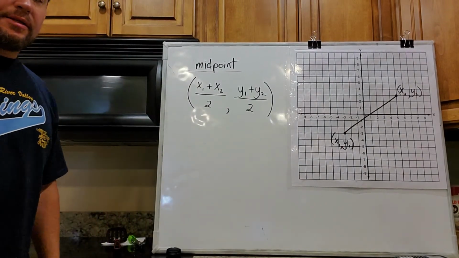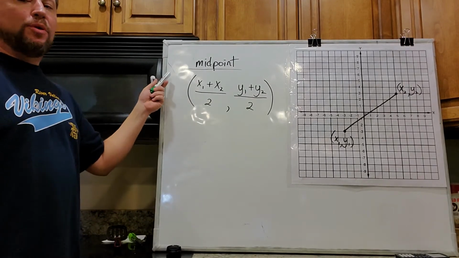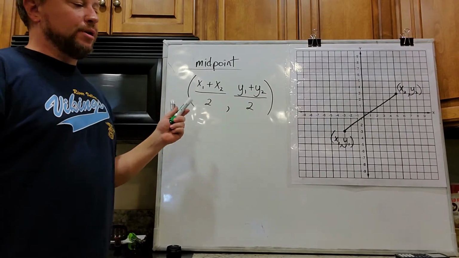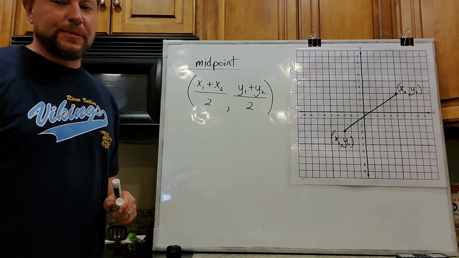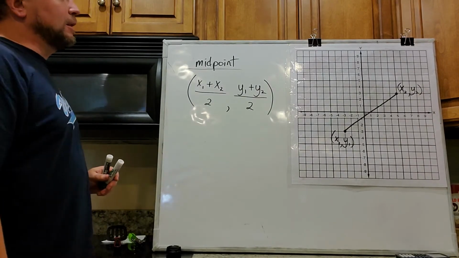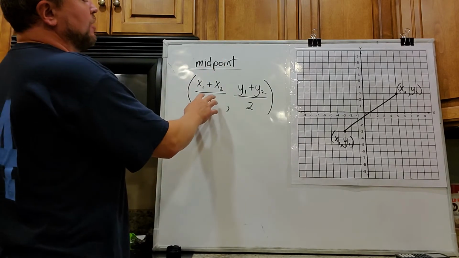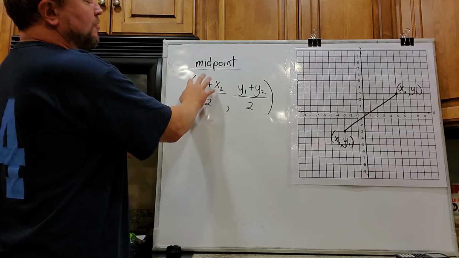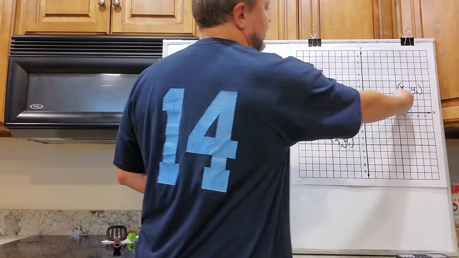Before I show that next type of problem, I want to remind you about our midpoint formula, which we're going to utilize in this section as well, this module, this lesson. In the midpoint formula, we find our x coordinate of our midpoint by averaging the x values of the two ends.